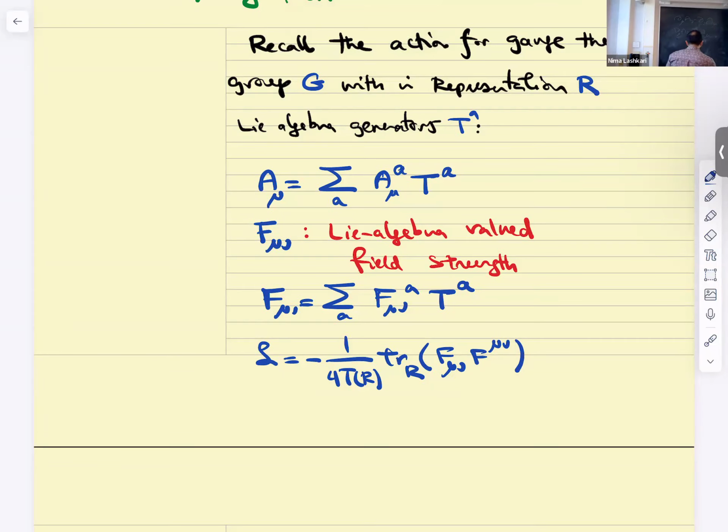It's important that in this action, you did not get a term E dot B. Right? That corresponds to the F F tilde term. Correct. We're going to discuss this term in detail. This is related to axions. This is related to some other topological aspects of gauge theory we haven't discussed yet.